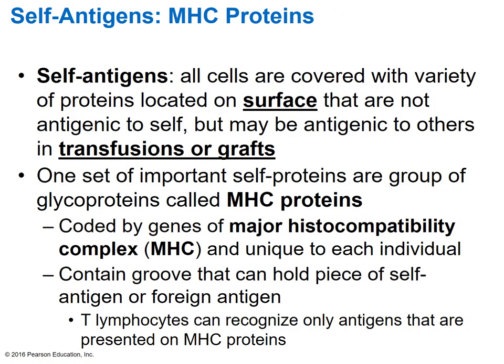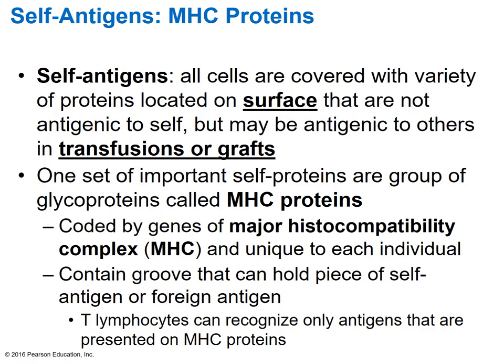All cells are covered, if you remember, with a lot of different proteins on their surface that extend out from the cell membrane. Now, you are able to recognize what belongs to you and what doesn't belong to you. So for you, these proteins on the surface, your body's not going to recognize them as an antigen.